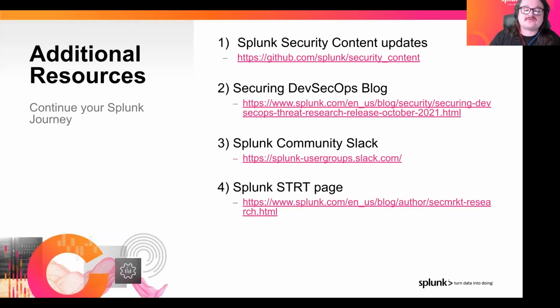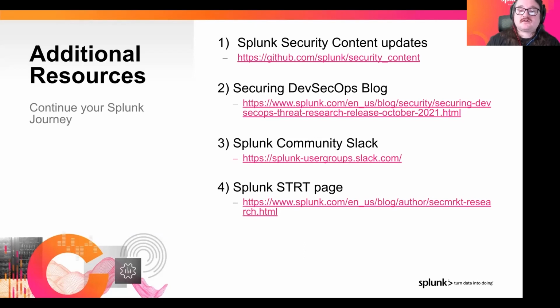Now that I've walked you through the demo, I wanted to quickly share the resources available to you. First, the Splunk Security Content Updates repo. This is available on GitHub and is where the Splunk Security Threat Research team performs all of its detection development work.